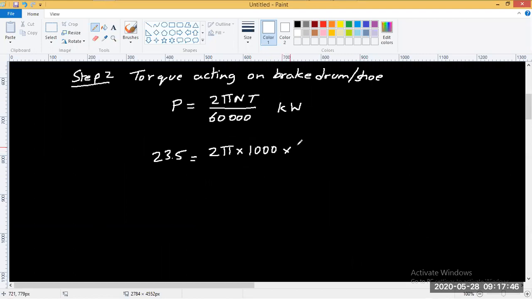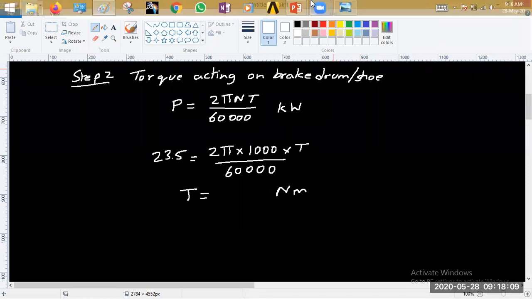You can write it as T or MT. So you'll get the torque, which is here in Newton meters. If you're calculating, you can just check it out once, how much your torque comes to.